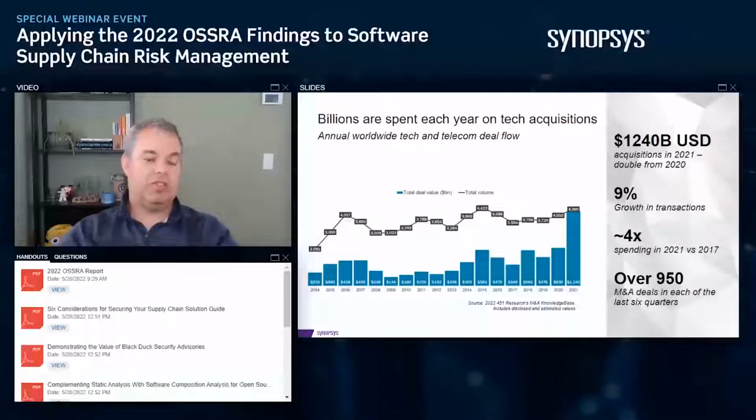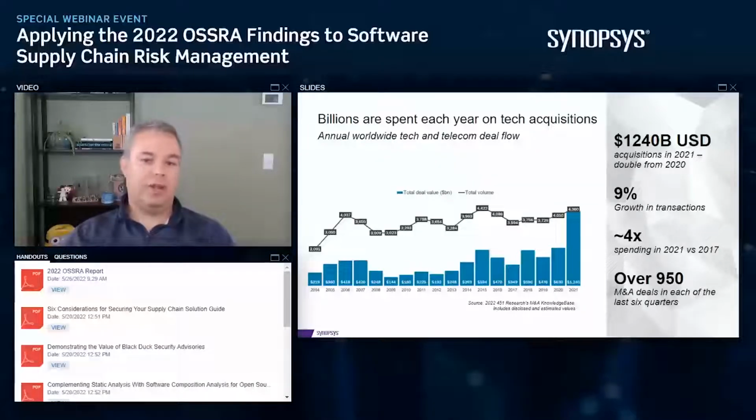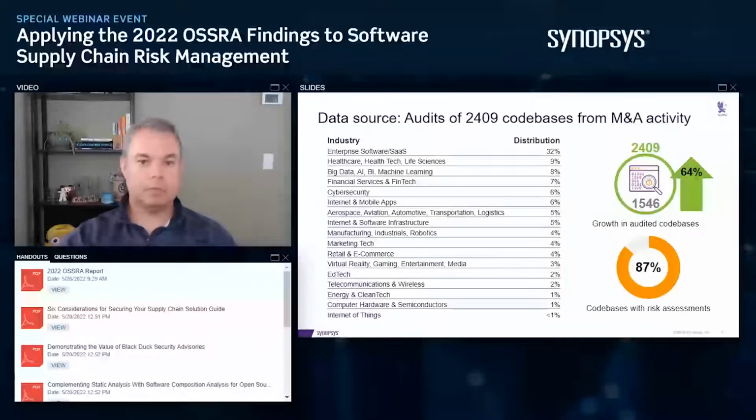And if you look specifically at the quantity of deals, for practical purposes the last 6 quarters, so basically all of 2021 and the last 2 quarters of 2020, there were almost 1,000 transactions in each of those. That shows the level of consolidation happening in the marketplace, but also the level of innovation being brought into other teams. So that technical due diligence is really important.